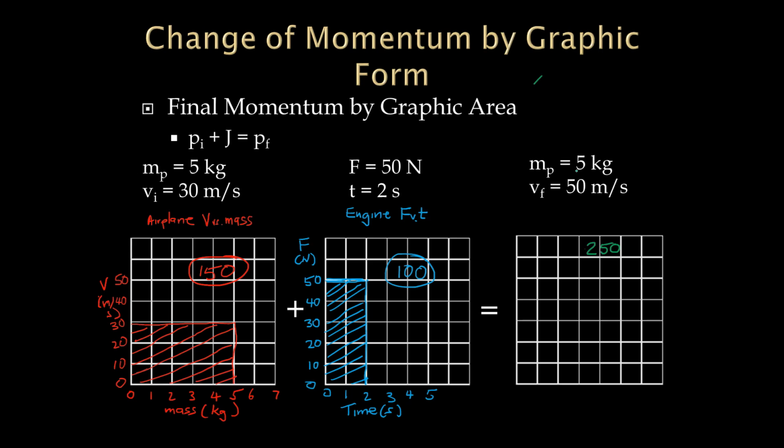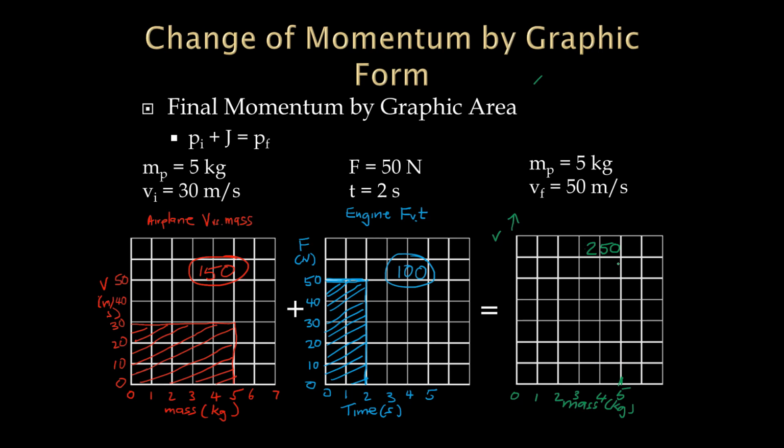Our final graph will be a momentum graph, so we know we'll have mass on this axis and velocity on the vertical axis. Our mass doesn't change. The airplane still has a mass of 5 kilograms. So we know it's still going to be here.